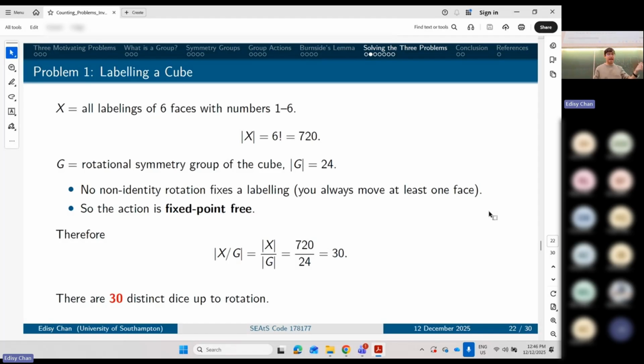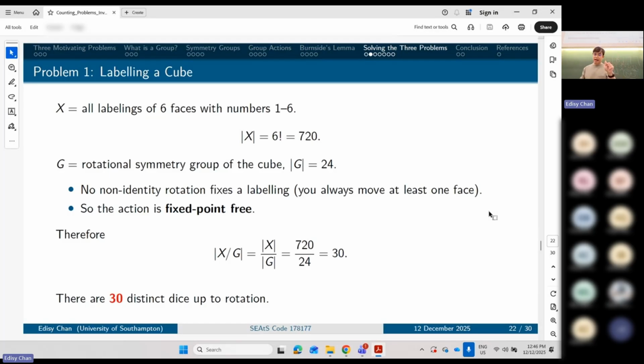That is an easy counting problem. You just count how many ways you can put the numbers onto the cube. You have 6 choices on the first face, and the second face you have 5 choices, and just keep going. You will have 6 factorial in the end, 720.